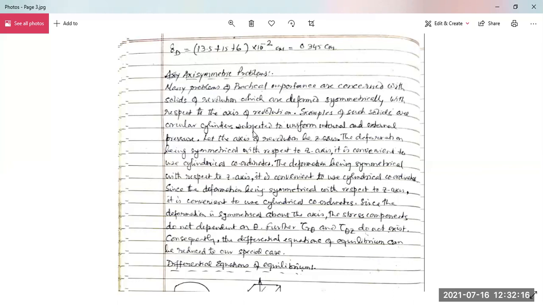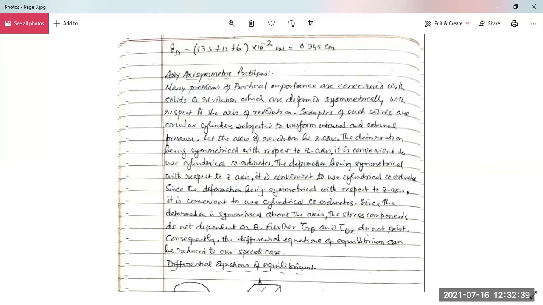Tau theta z is a shear stress acting on the plane whose normal is theta, the circumference, and z is the direction along the length of the z-axis.